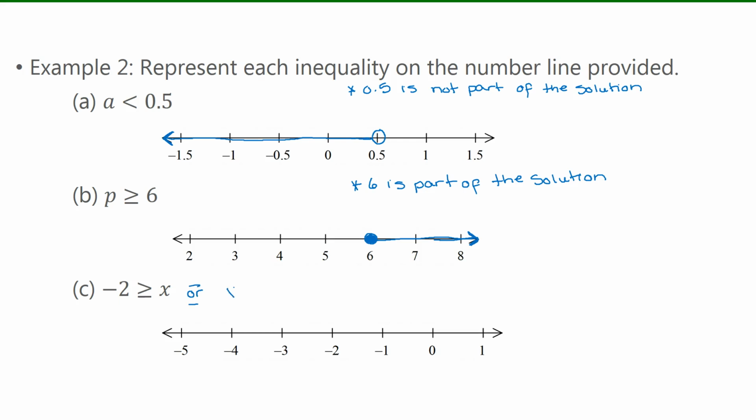So you can write this as x is less than or equal to negative 2 if you like. So make note that the sign switches here. So now to plot x is less than or equal to negative 2, we will shade in the circle at negative 2 and shade in the line to the left of that.